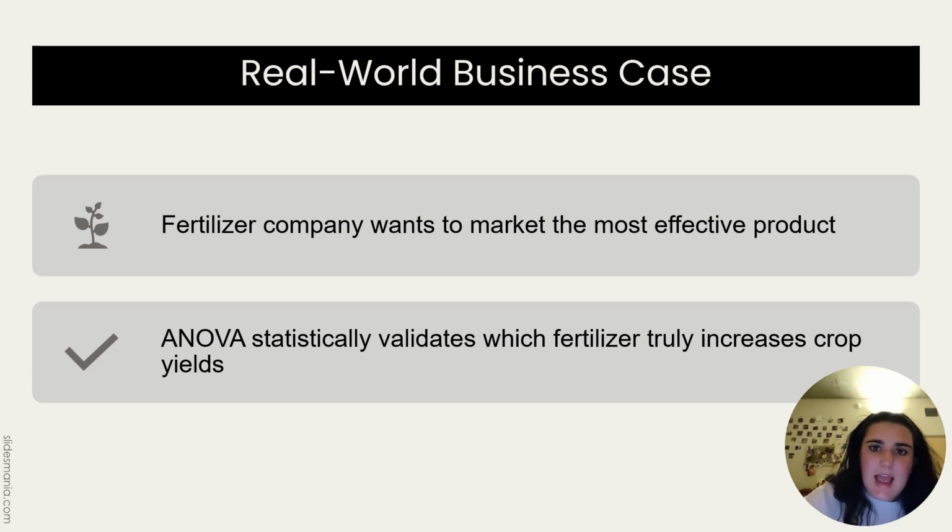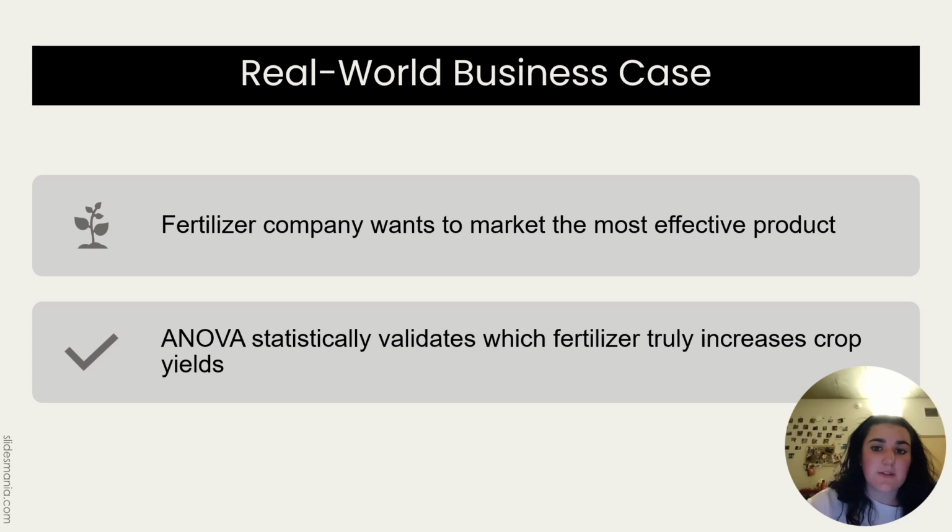Now let's connect everything we've done back to a real-world business case. Imagine you're a fertilizer company executive, and you ran this experiment and hired someone like you, a statistical analysis or data analysis professional, to find out which product to push harder in the market. If ANOVA and post hoc testing show that fertilizer C significantly outperforms A and B, you have evidence to: 1.